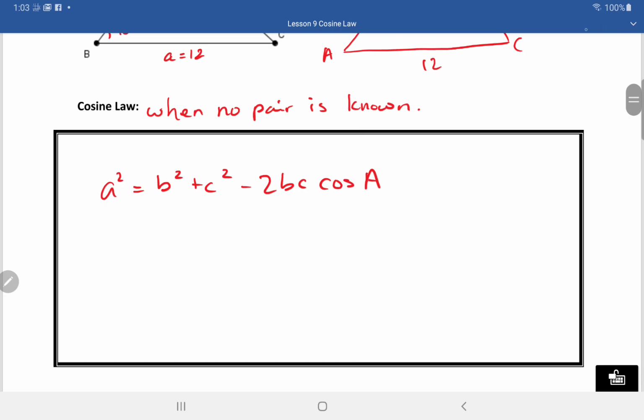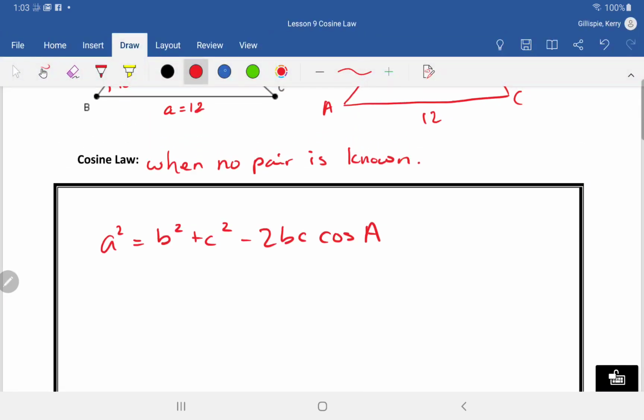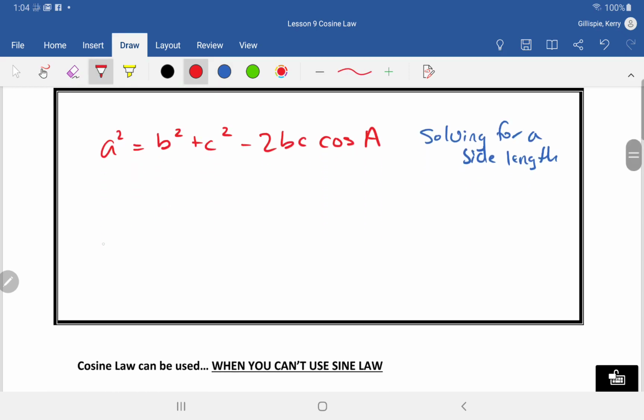So this is when you are solving for a side length. And then the second formula is when you're solving for an angle.